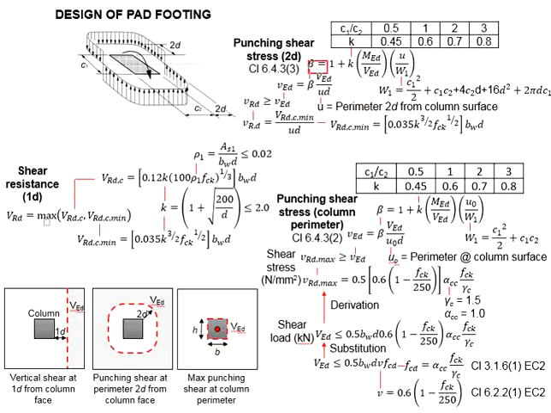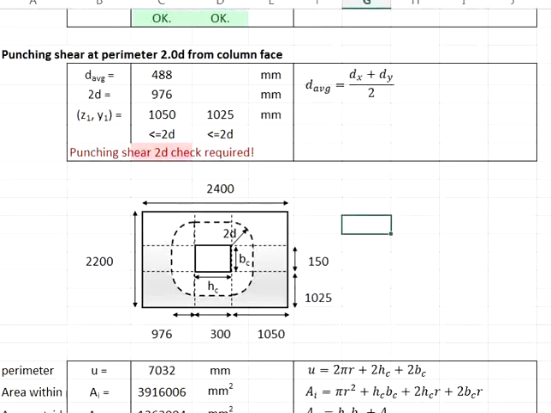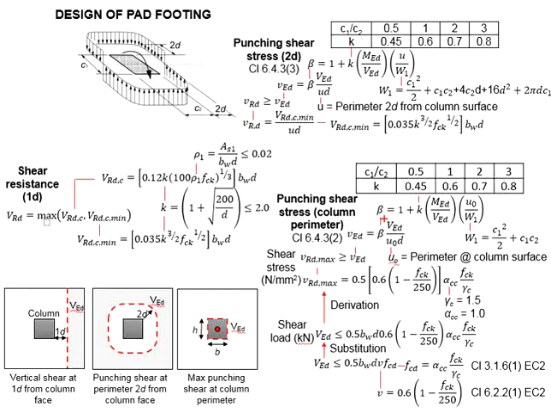The shear load for the 2d perimeter is calculated on the basis of the average soil pressure at the ultimate limit state, multiplied by the area of the pad footing outside the 2d perimeter. As for the shear load for the maximum punching shear, we will take it equal to the total axial loads acting onto the pad footing.